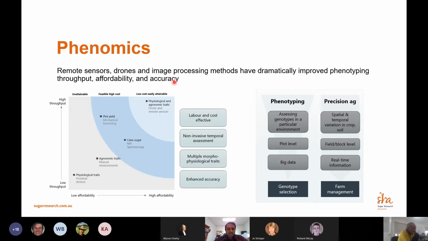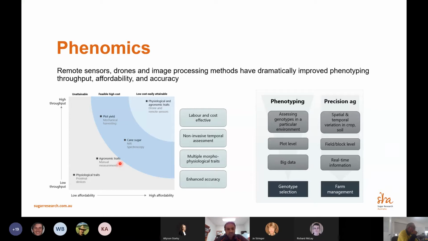So in a few years' time, our ability to phenotype some of the morphological and physiological traits has improved dramatically. If you look at this graph of the cost and affordability of phenotyping some of the traits, measuring some of the physiological and agronomic traits using manual or traditional methods is extremely time consuming and extremely expensive.